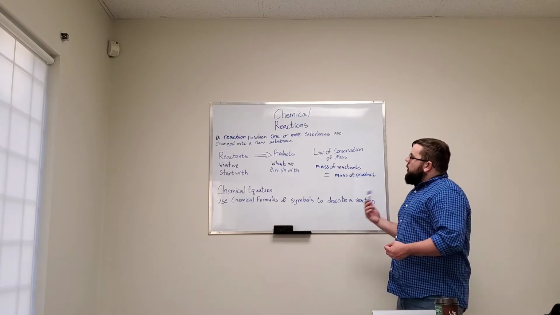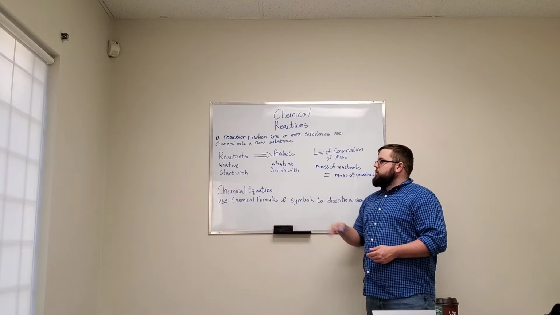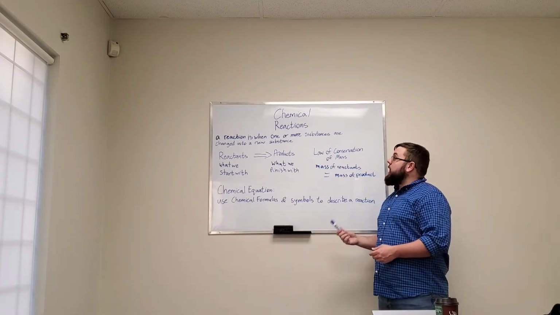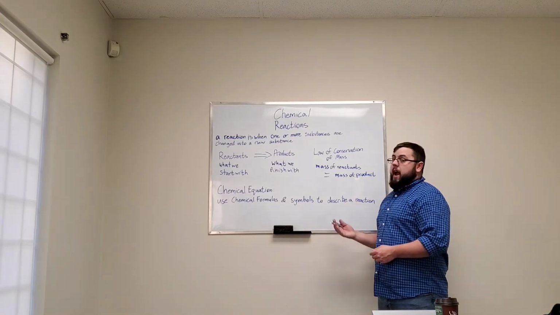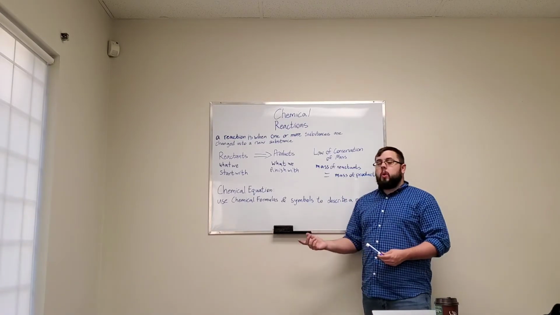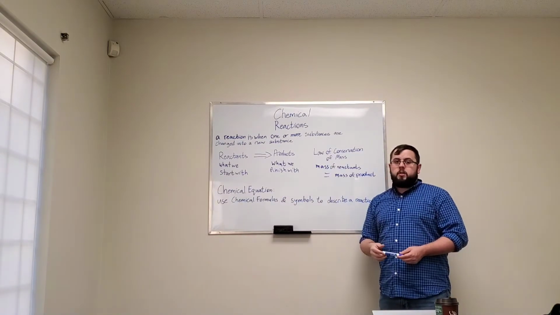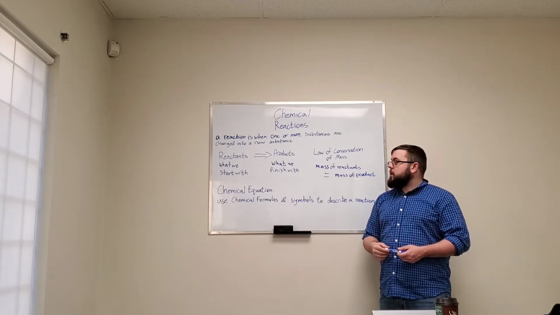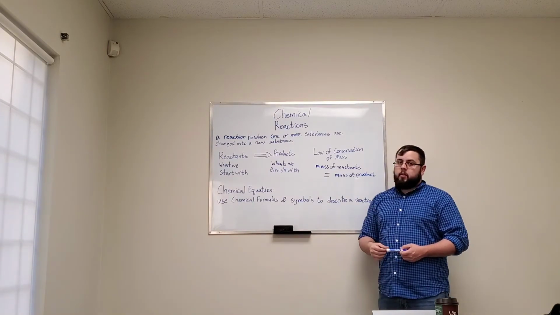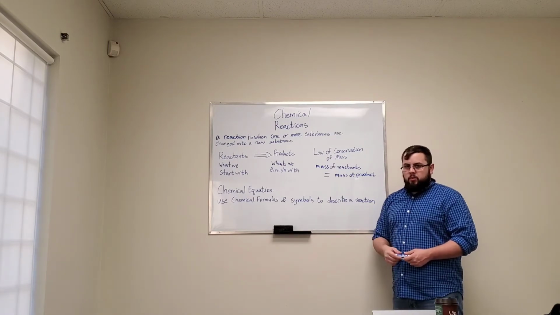Now, in order to represent a chemical reaction, we're going to use a chemical equation. I know they sound kind of similar, but chemical equations are used to represent reactions. And a chemical equation uses two things. The first being chemical formulas, which we reviewed last class on how to represent molecules, and a bunch of varying symbols.